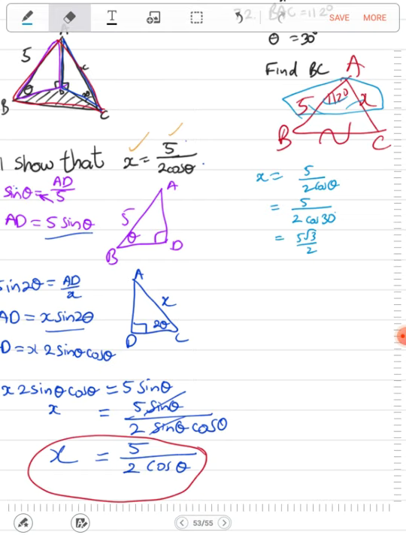Let's draw a line over here, separating our calculations. BC squared will be equal to 5 squared plus 5 root 3 over 2 all squared minus 2 into 5 into the same 5 root 3 over 2. It's nice to know it like the palm of your hand.